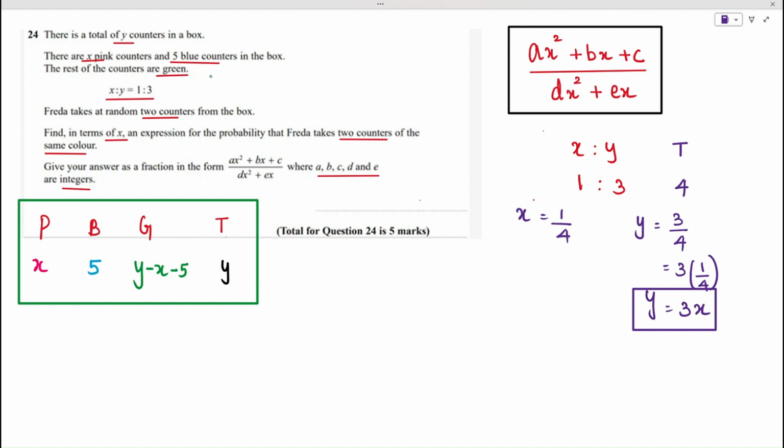Now we can start finding the probabilities of taking 2 counters that are of the same color. We can write 3 different probabilities for this. The probability of taking 1 pink and then another pink. Then the probability of taking 1 blue and then another blue.